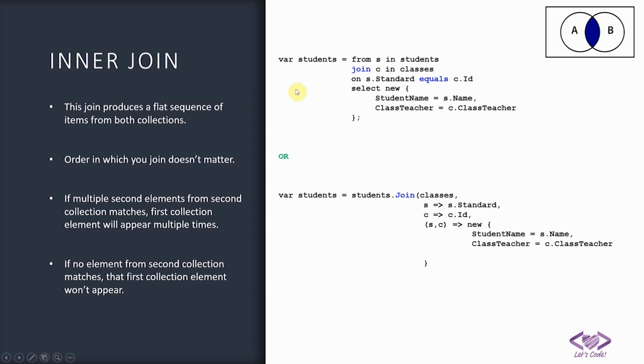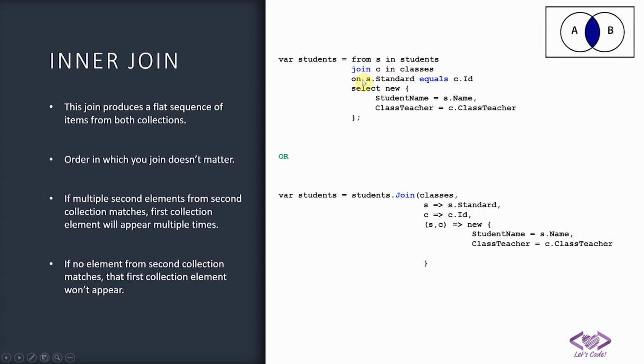The order in which you join them doesn't matter. Code wise, if you look at the query syntax, we say some variable equals from S in students, that is the first collection, join. This is the keyword which you will be using. C in classes, so classes is another collection.